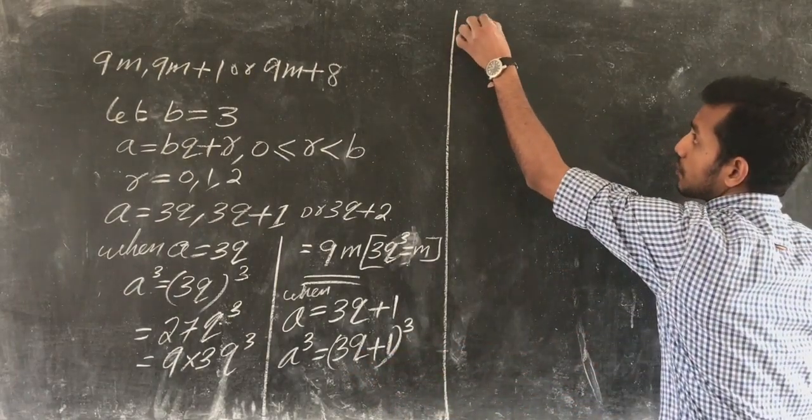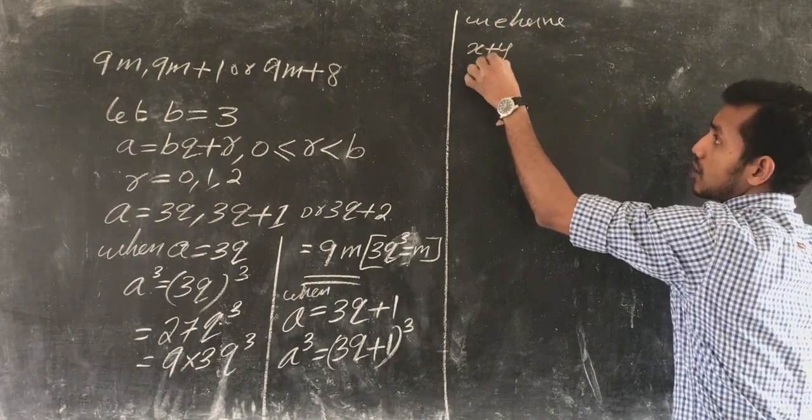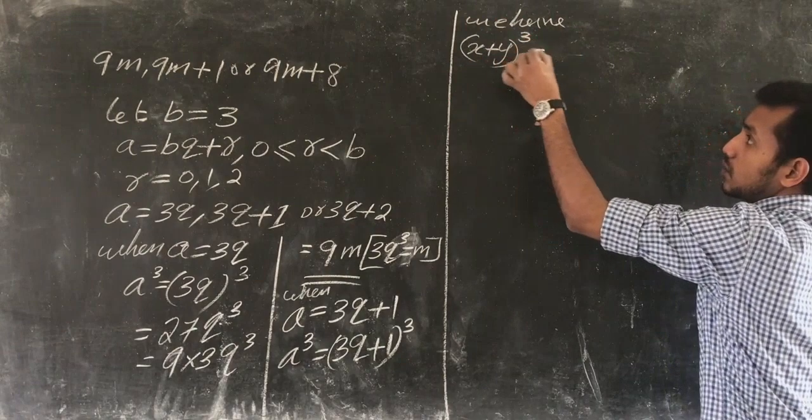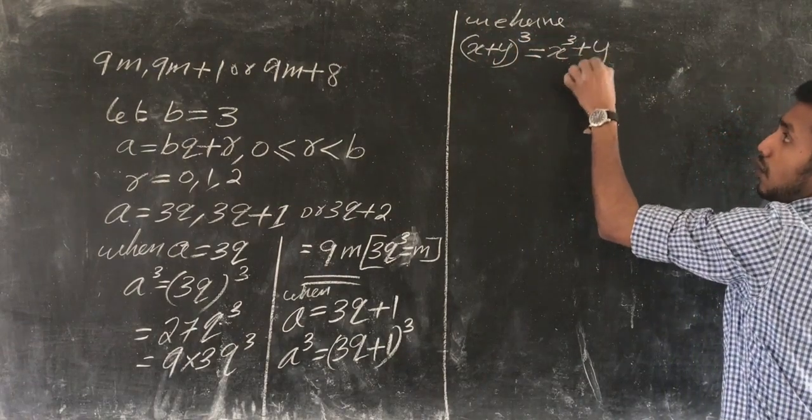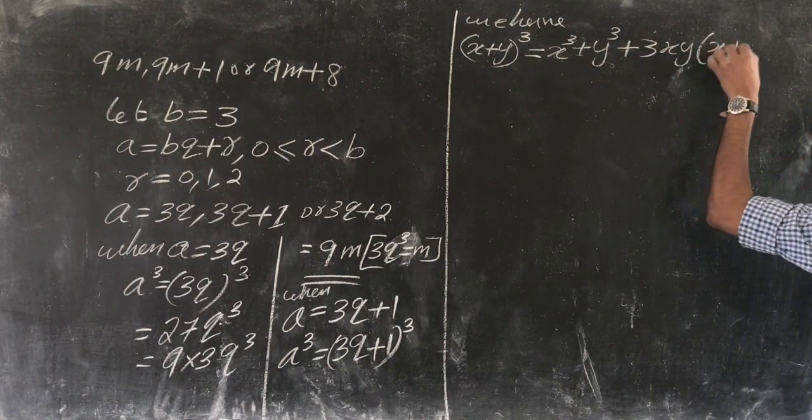We have x plus y whole cube is equal to x cube plus y cube plus 3xy into x plus y.